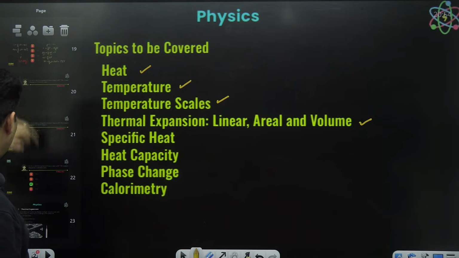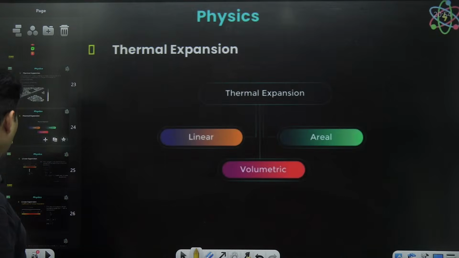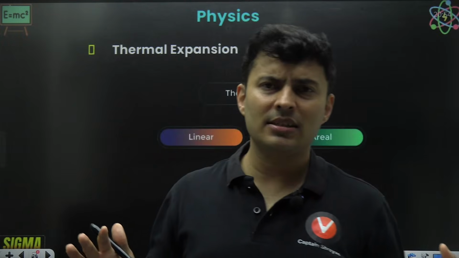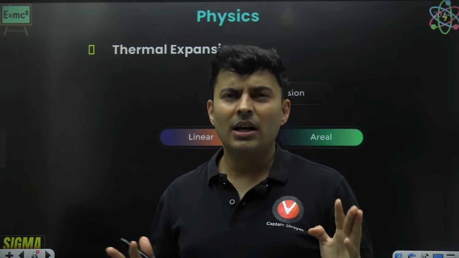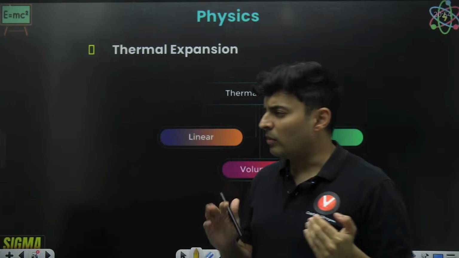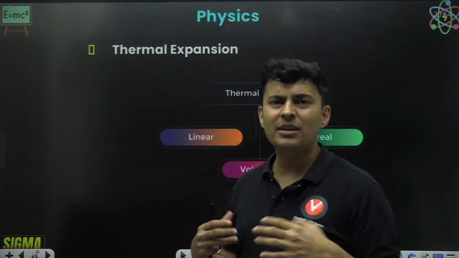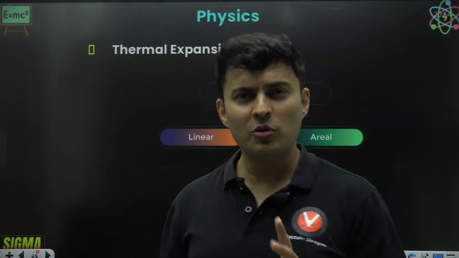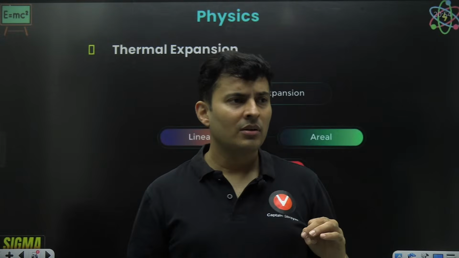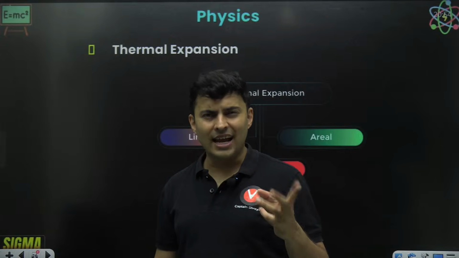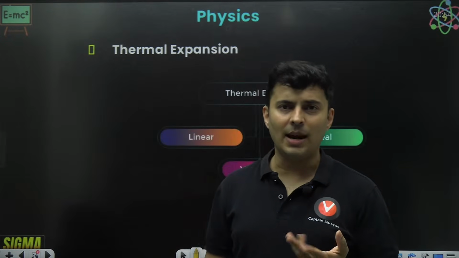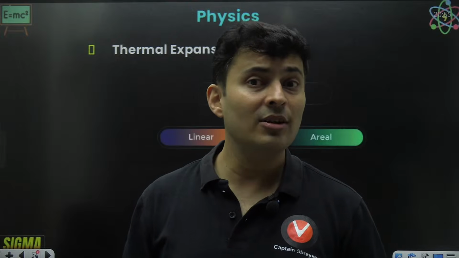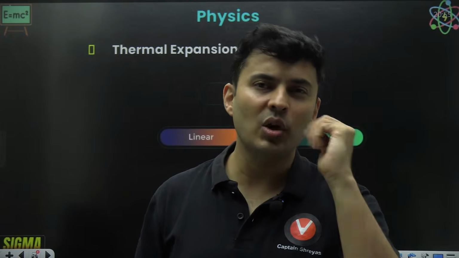So now coming back to the point, this expansion of solids, liquids, or gases can be studied, but the problem is gases behave a slightly different way as compared to liquids and solids. Whenever you want to think about expansion or contraction of gases, we have a separate chapter for that, thermodynamics and KTG, where you study the ideal gas equation.